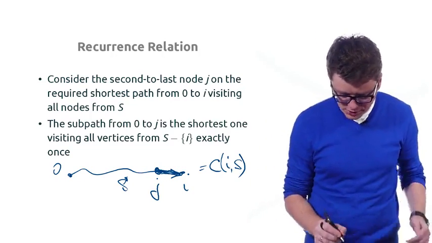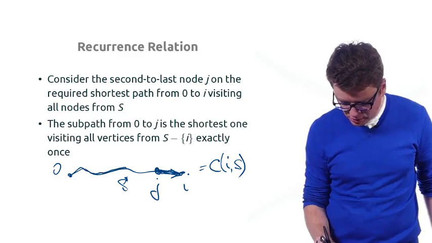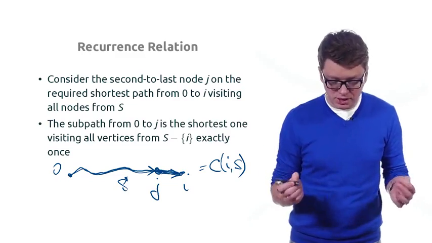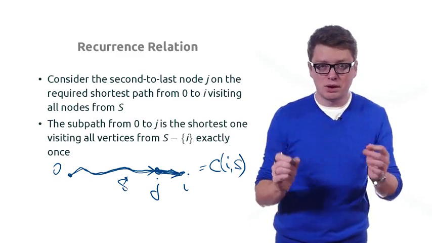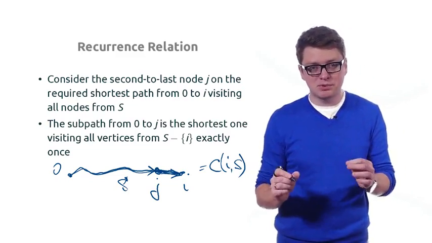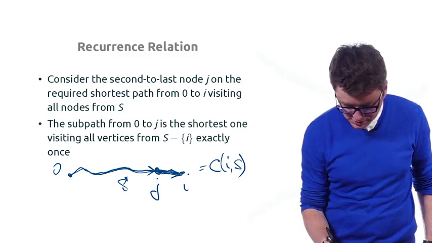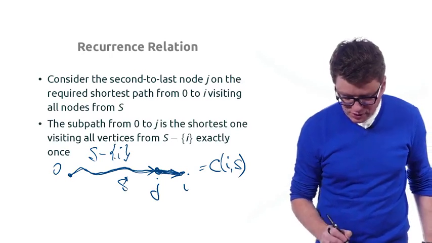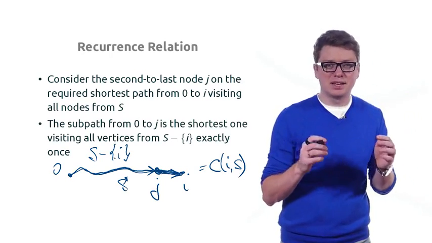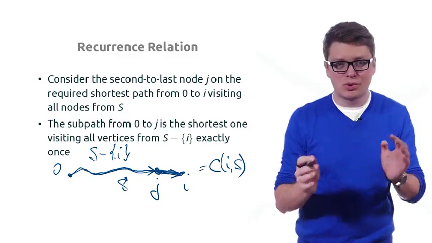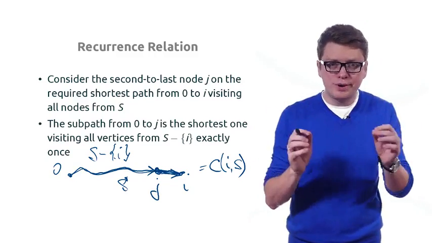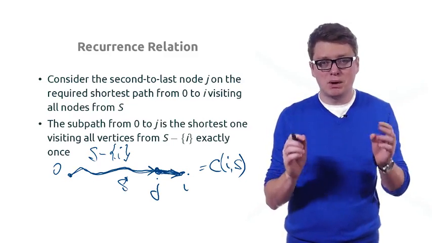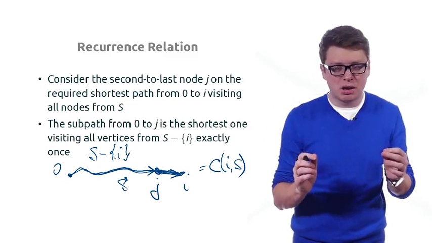So the question is, what can be said about this path going from 0 to j? First of all, it visits almost all the nodes of the initial path, except for the node i. So this is S minus i. So we subtract from S a one element subset containing i. So everything except for i. And what is even more important is that this particular subpath must be an optimal such path.